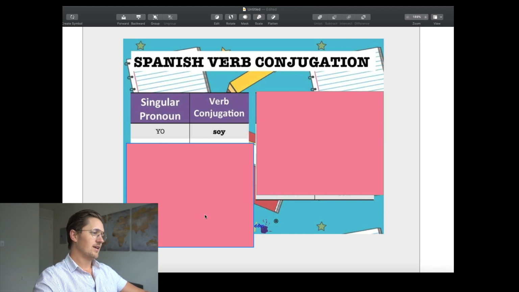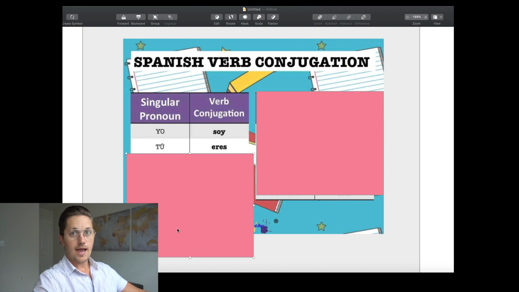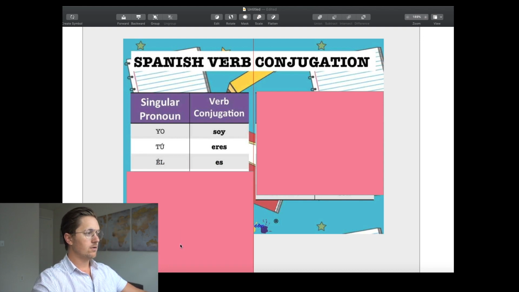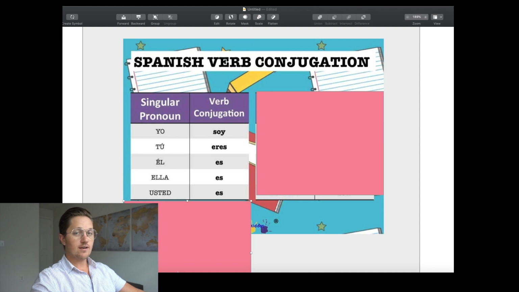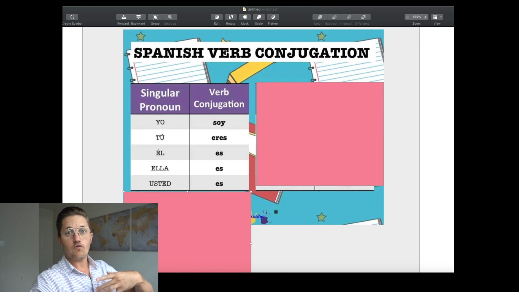That's okay. So we have yo, soy. We have the singular pronoun, yo, me, or I in this case, soy, yo soy. Tú, you, eres, tú eres, you are. Él o ella, he or she is. Usted, you, formal, es.